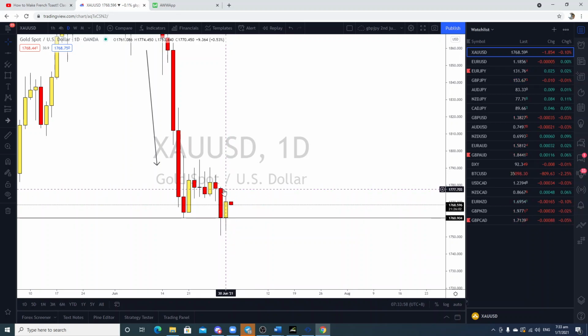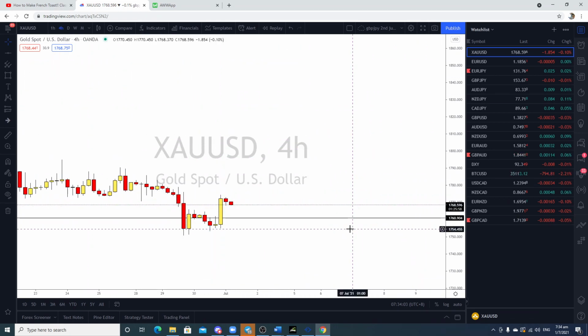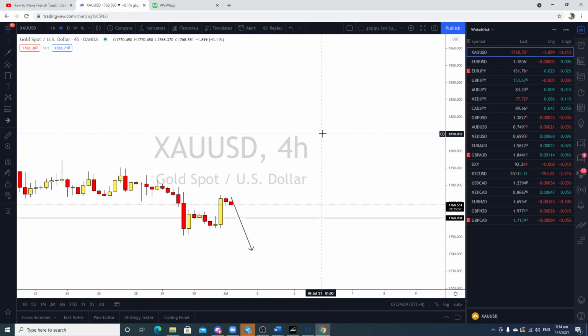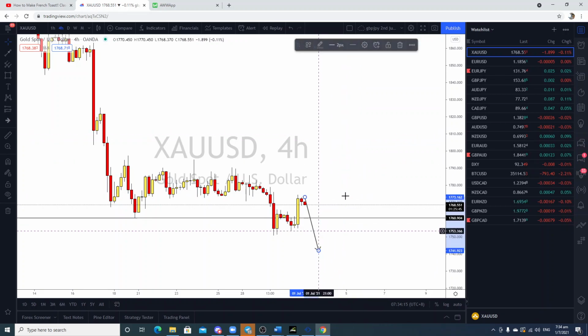So momentum is not really on your side except for this candle, because if the 4-hour is going to close past this, then the momentum shifts back to the sellers.